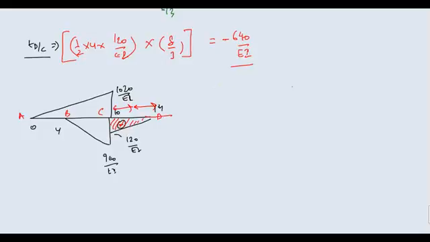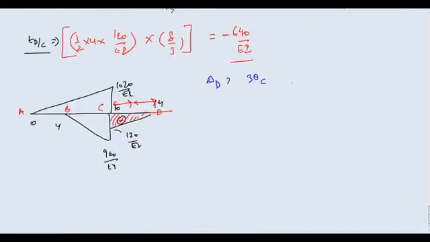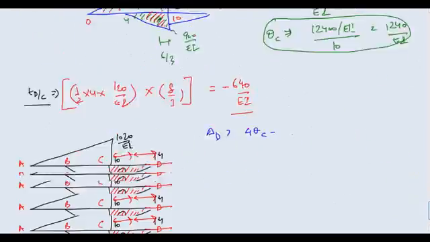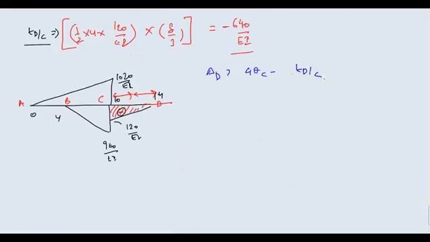Now, final step: delta D is 3 theta C? Is it 3 theta C? 4 theta C. This is 4 theta C minus whatever we have derived earlier, TD by C. You have all the values here.